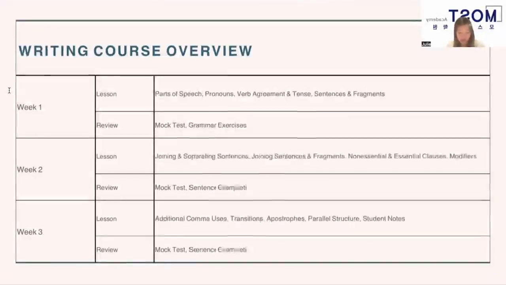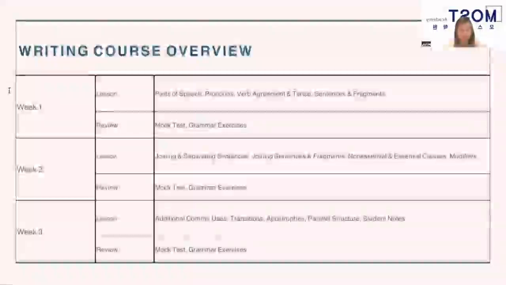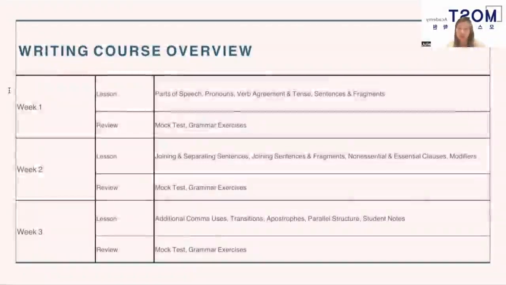Okay, let's move on to the writing course overview. The writing schedule is going to function similarly, but we'll be covering 4 lessons throughout the course of a week. The majority of the writing lessons are going to cover grammar, so you should be able to identify specific parts of speech or grammatical concepts we cover when you solve these questions. A lot of students typically like to think about the nuance of how a sentence sounds right, but while some people might find this a good option, it's better to understand the technical aspects of each part of the sentence.